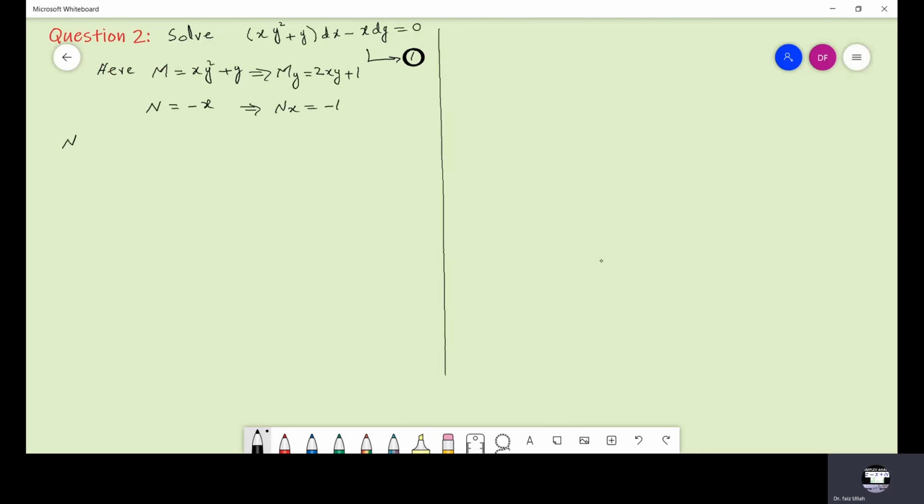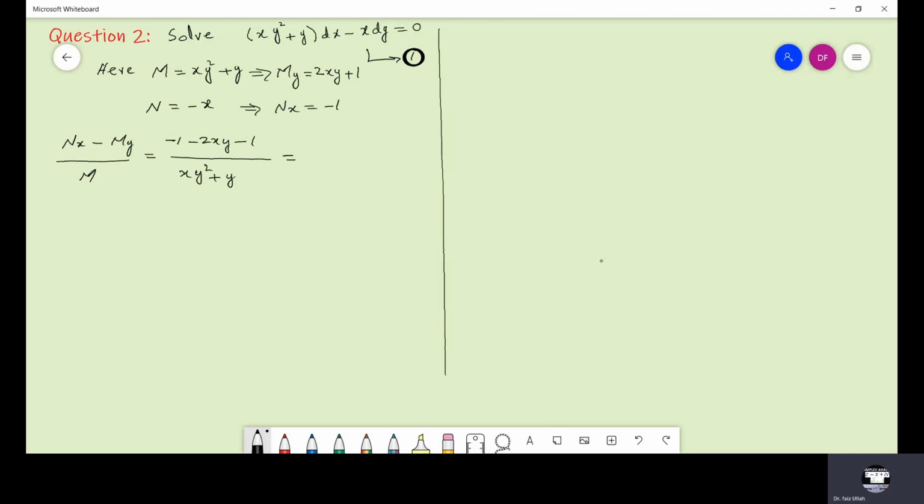Now let us use rule number 2. Rule number 2 is nx minus my divided by m must be equal to a function of only y. So let us put values. We get minus 1 minus 2xy minus 1 divided by m. So m is xy square plus y.